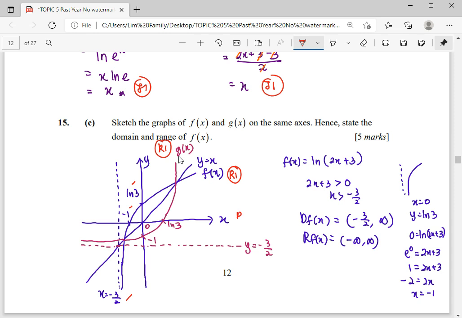Lastly, the labels. Label all x-axis, y-axis, reflection, origin, everything. And the domain and range both together give you one mark.